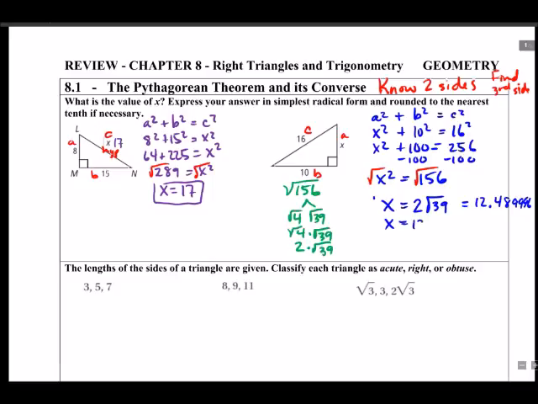So that comes out to be 12.5. All right, Pythagorean theorem, awesome. If you know two sides, you can find the third side.